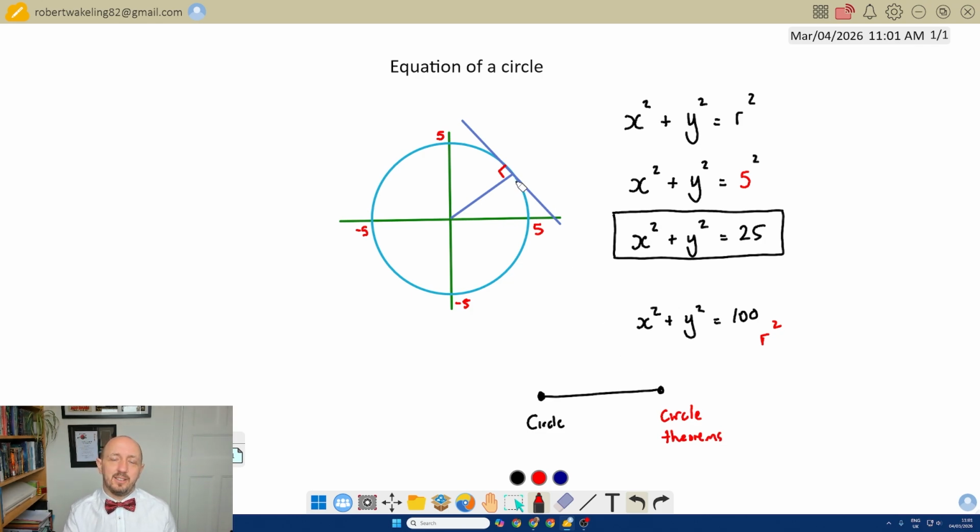And then they'll ask you, what's the equation of that tangent? If I work out the gradient of this line, the tangent is at right angles, which means it's perpendicular. So if the gradient is 2/3 of this line here, then the gradient of the tangent would be -3/2, doing the negative reciprocal thing.